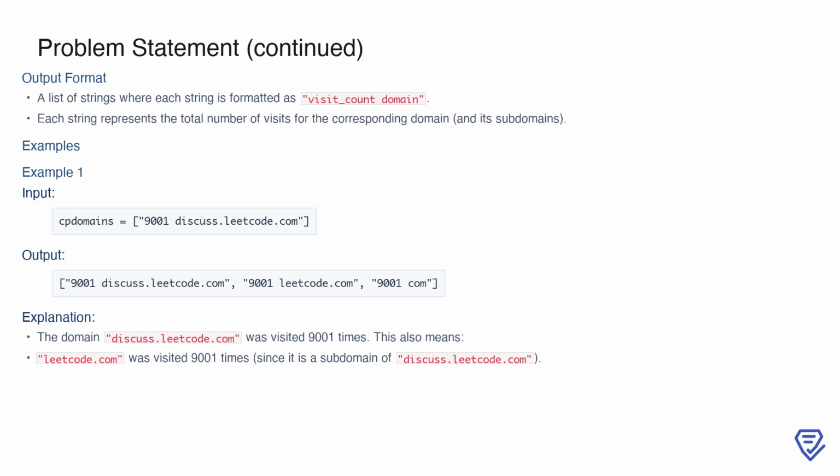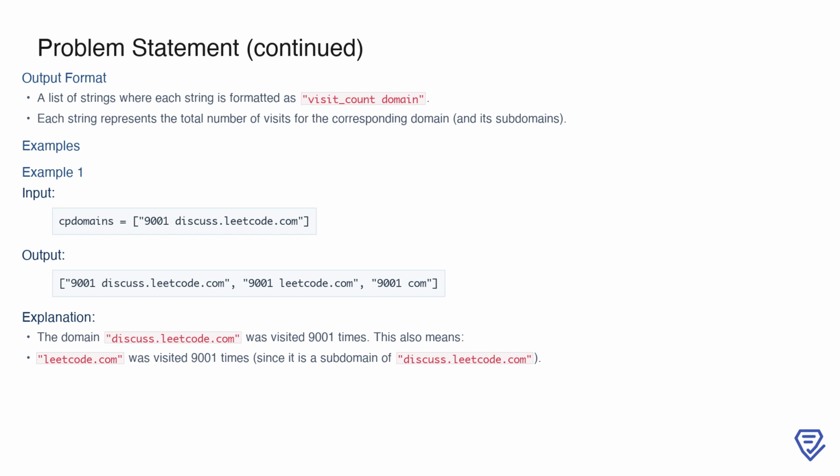Since discuss.leetcode.com is part of the larger domain hierarchy, its subdomains are also considered to have the same visit count. This means that leetcode.com was also visited 9001 times, as was the top-level domain com. So, the output of this example is a list with the following entries: 9001 discuss.leetcode.com, 9001 leetcode.com, and 9001 com.